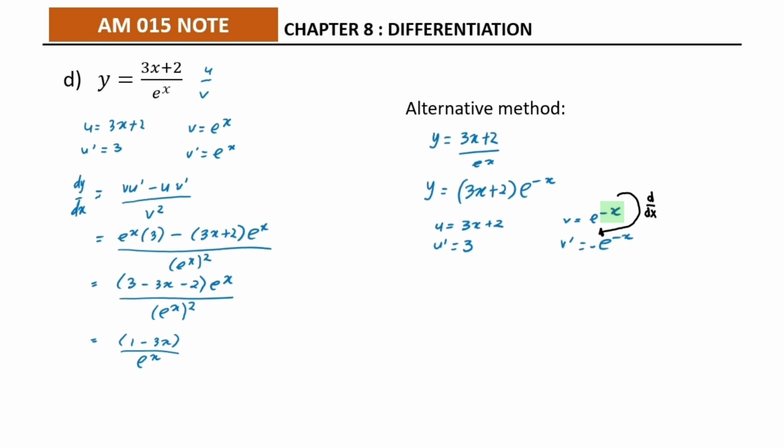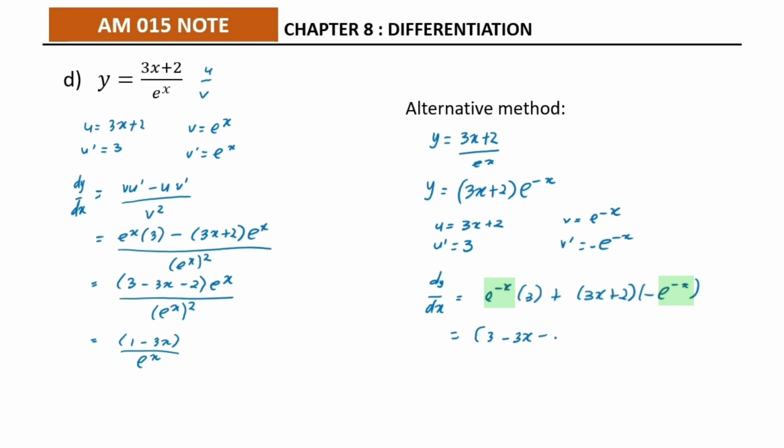Then differentiate the function, differentiate y, we have dy/dx. Using the product rule, v u prime plus u, 3x plus 2, v prime is negative e power of negative x. Simplify, factorize e power of negative x, we have 3 minus (3x plus 2).